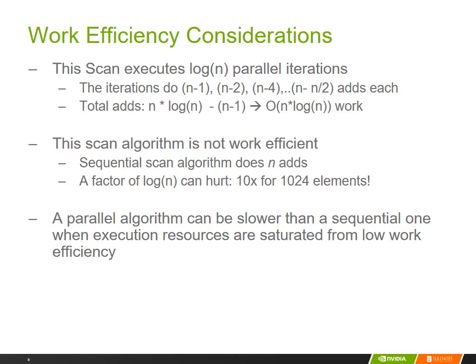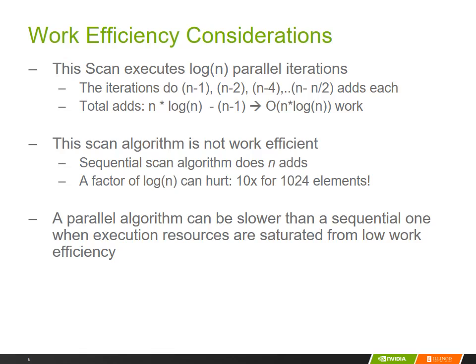During iteration 1, we will be doing n-1 additions, because only thread 0 will not participate in that first iteration. And then in the second iteration, we will be doing n-2 additions. The first 2 threads will not participate in the second iteration. And then 4 threads will not participate in the third iteration, and so on.